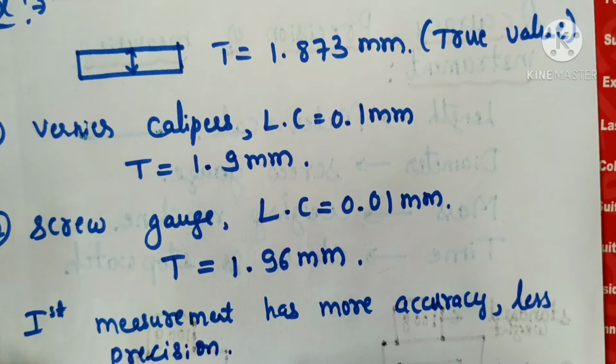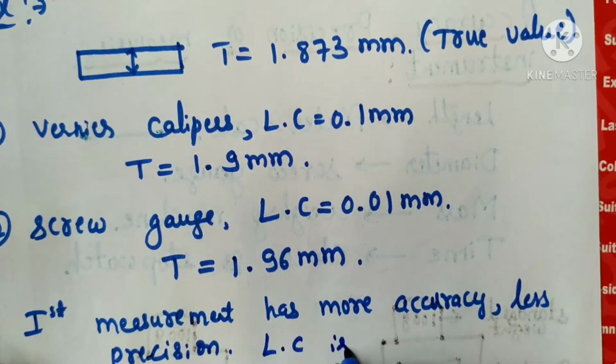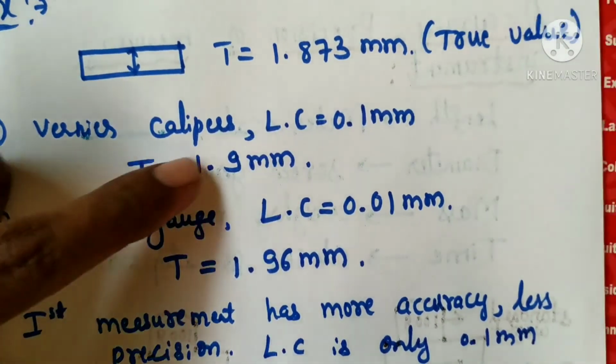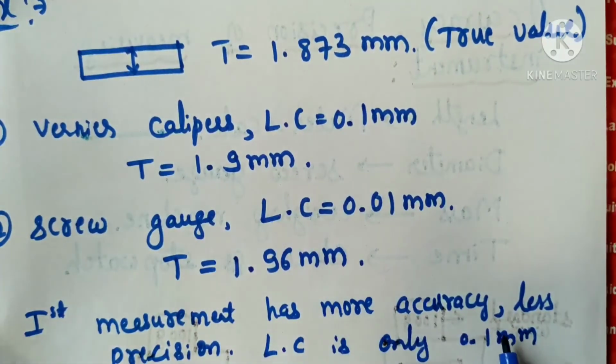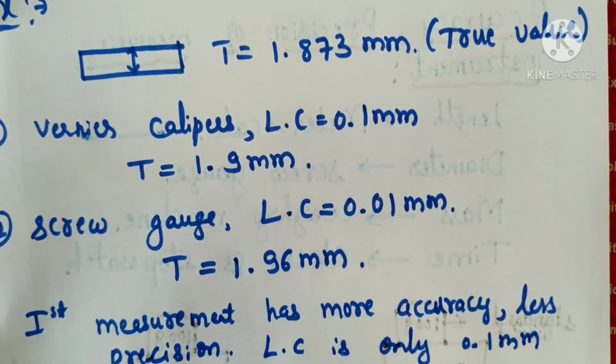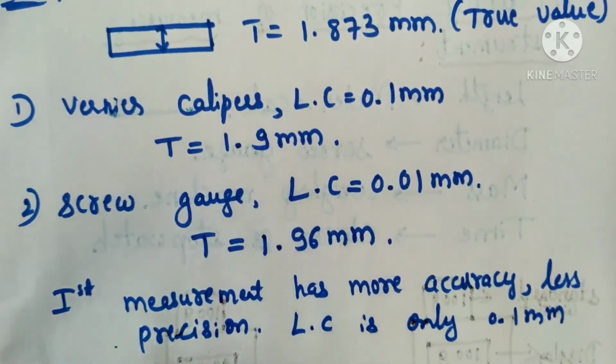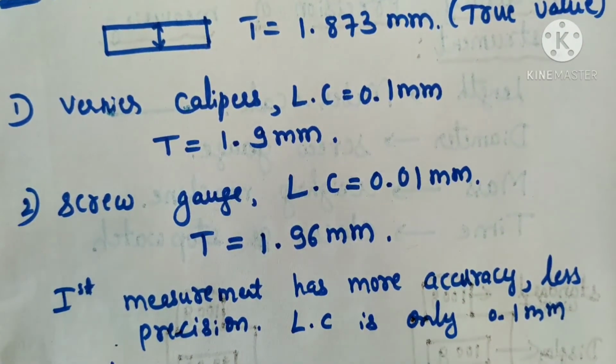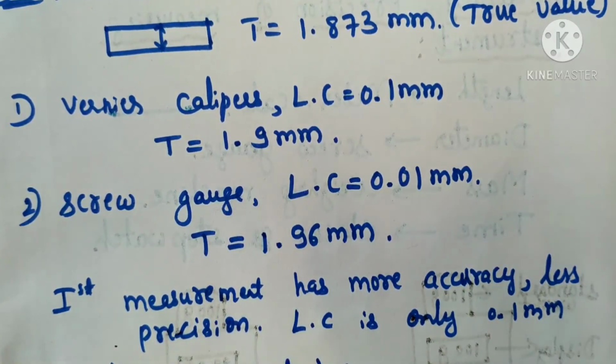Because its resolution or its least count is only 0.1 millimeter. In the first measurement the least count is 0.1 millimeter. So for that reason its precision is less. In the second measurement we can write it has less accuracy.